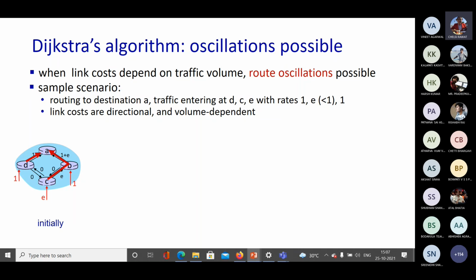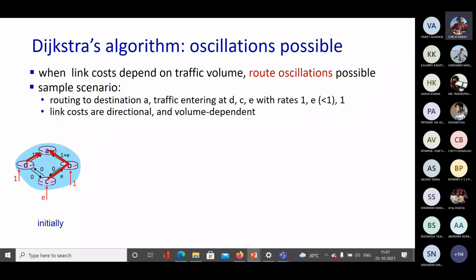Another issue that happens in case of Dijkstra's algorithm is that route oscillations are possible. That means if you want to reach from a particular node to another node, then within a given time, a change in routes may happen. That is known as route oscillation.